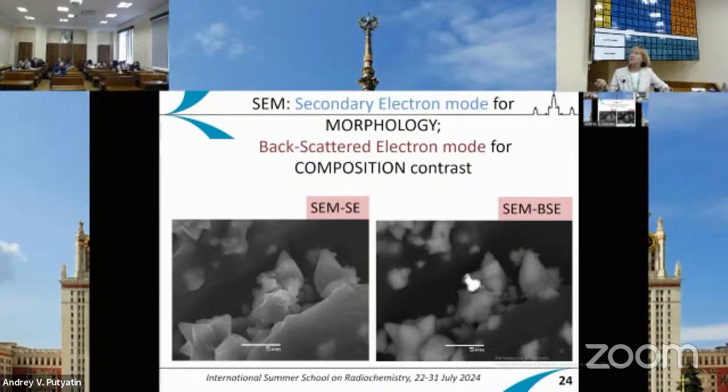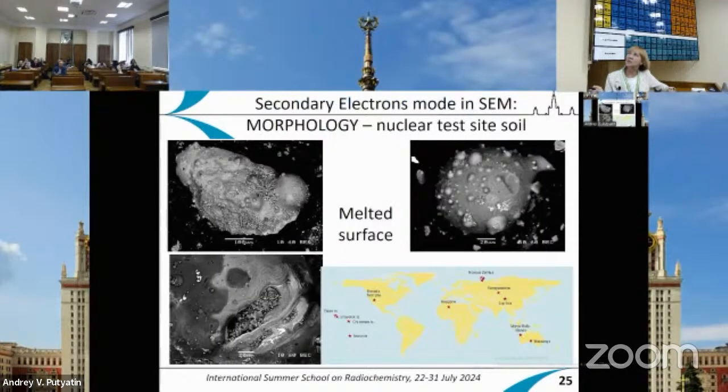You can see some heavy particle on a matrix of some environmental material, some light matrix. It is clear. So this uranium particle, here it is, we cannot separate it, we cannot see it in the mode of secondary electrons. And about morphology of different radioactively contaminated particles.